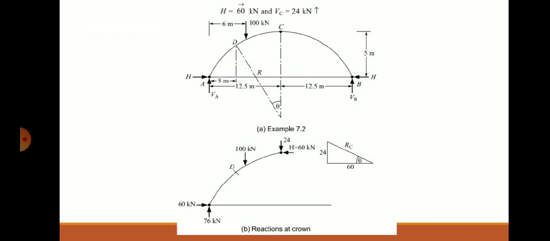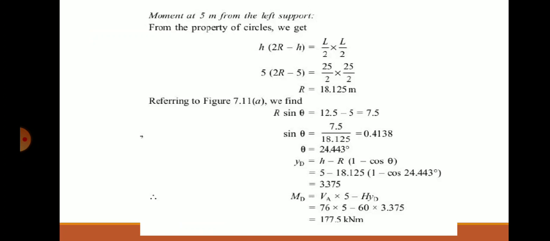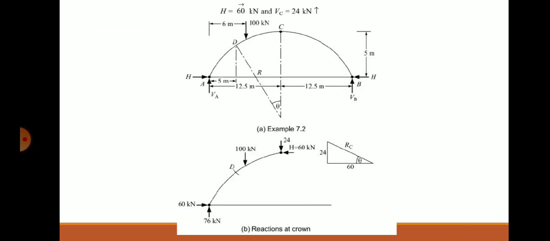That is at the crown point, V_A minus loading, or V_B. If you consider the left side, V_A minus 100, because vertical shear is support reaction minus the previous load, whatever the load is coming before that zone, minus 100. If you consider the right side, V_B. If you solve for that, you will get V_C as 24 kilonewton, and it becomes negative because it is downward.